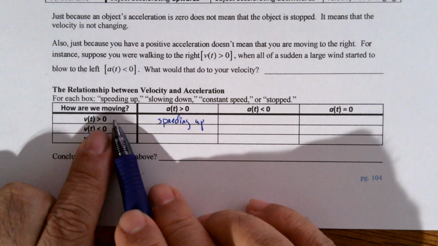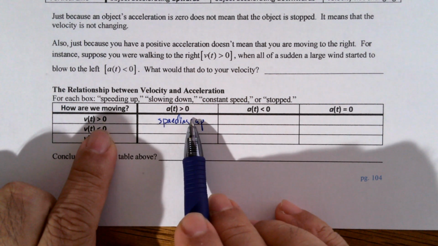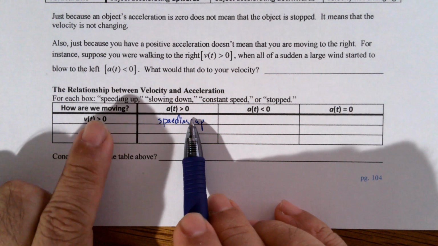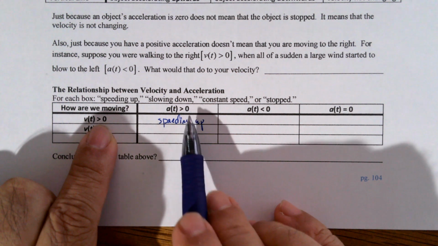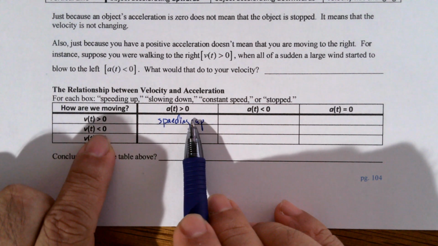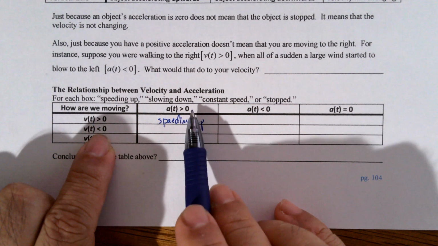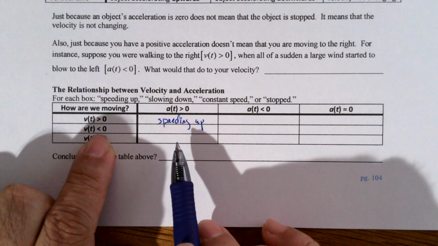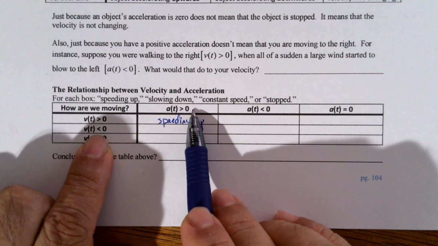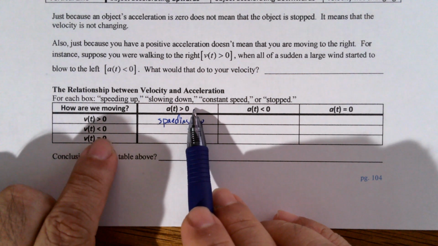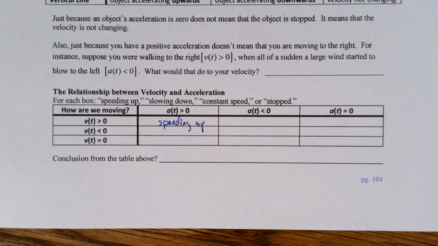I said left both times. So velocity is moving to the right. Acceleration is moving to the right. So it's speeding up. Here, velocity is moving to the left and acceleration is moving to the right. These two are working against each other. Okay, that's the biggest thing you take away from this. I know I'm screwing up the language.